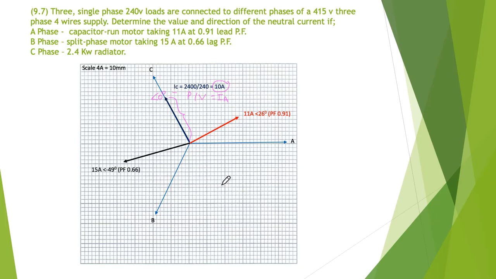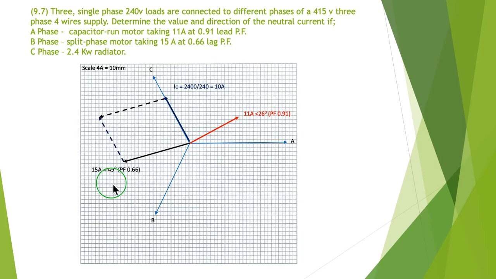Now we've got to start adding them all up together. So our next step is we're going to add the current in the C phase to that of the B phase, and I've simply taken my compass, measured the length here, then put the point of my compass here and scribed an arc out here somewhere.